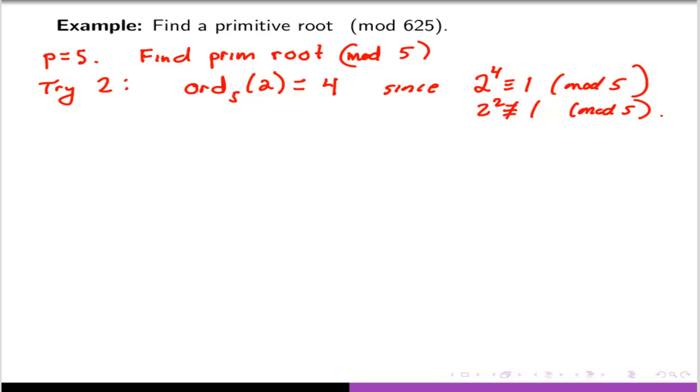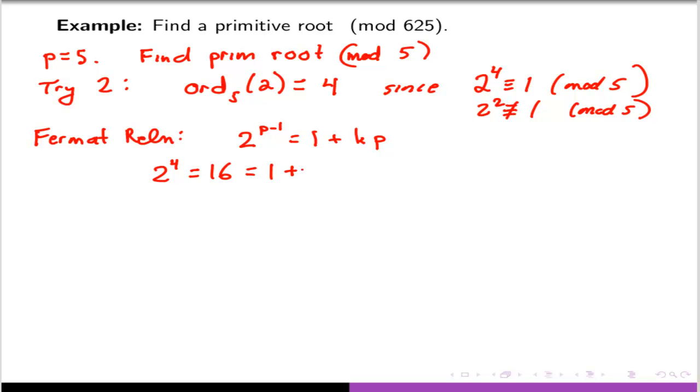Therefore, 2 is a primitive root mod 5, and so we look at the Fermat relationship. What I've been calling the Fermat relation, where you take 2 to the p minus 1, and you want to write it as 1 plus some integer k times p, like this. So in our case, we've got 2 to the 4th power is 16, which is 1 plus 15, which is 1 plus 3 times 5.